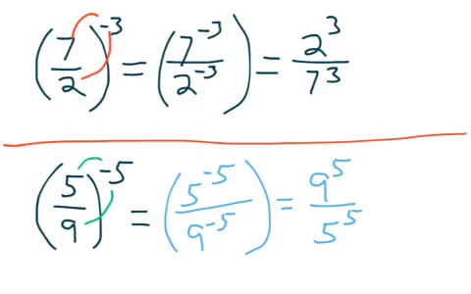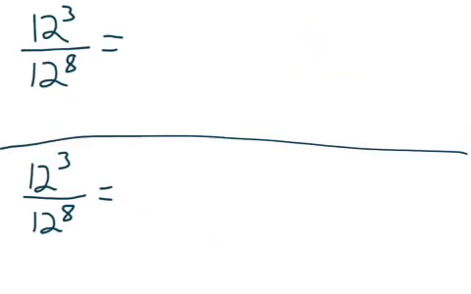Okay, moving on here. This next type of problem, I'm going to do two different ways, and I'd like you to take notes and carefully pay attention to what happens here. We learned when we did division of items that have the same base, so 12 and 12, we subtracted their exponents. So in this case, it would be 12 to the 3 minus 8.